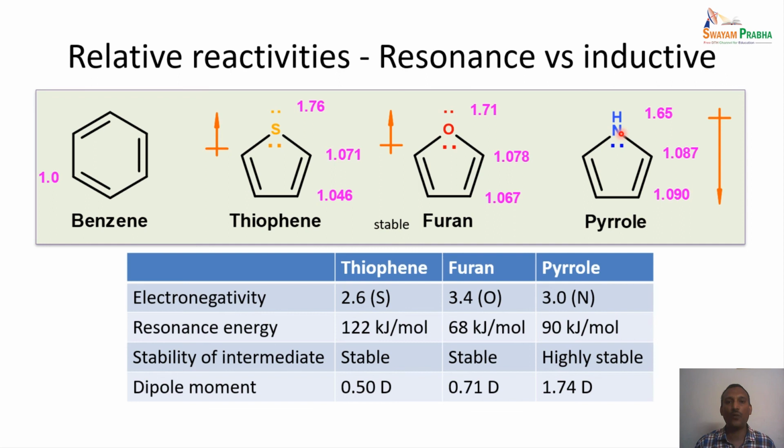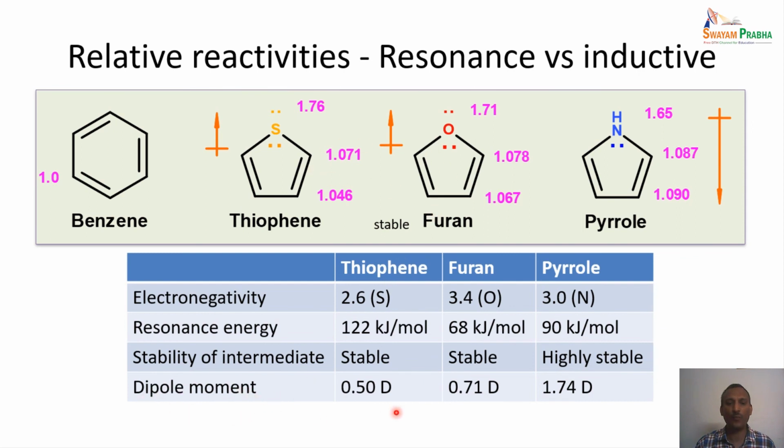Nitrogen can have electropositive nature much better than the more electronegative oxygen or sulfur. In other words, nitrogen can stabilize a positive charge much better than oxygen and sulfur. Due to that, the electrophilic substitution occurs in pyrrole much faster compared to thiophene and furan.